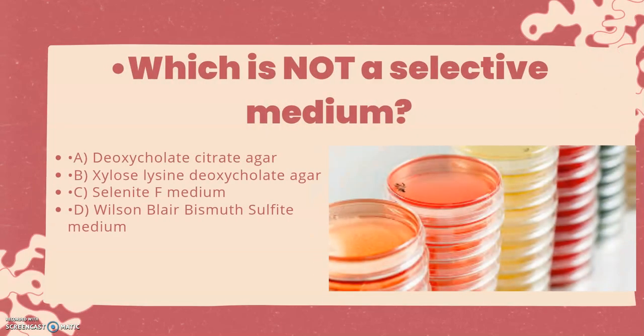Next question is, which is not a selective medium? Out of the options, deoxycholate citrate agar, xylose lysine deoxycholate agar, selenite F medium, or Wilson Blair bismuth sulfite medium, which is not a selective medium? Is it DCA, XLD, selenite F medium, or Wilson Blair bismuth sulfite medium?